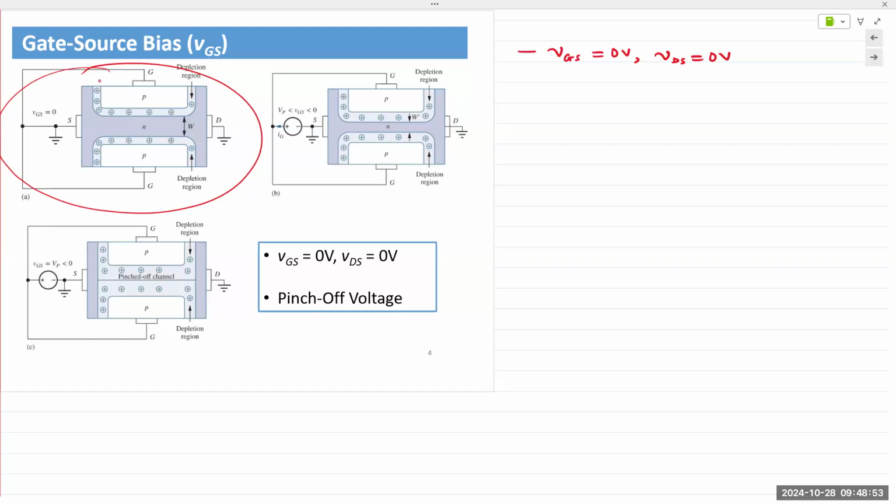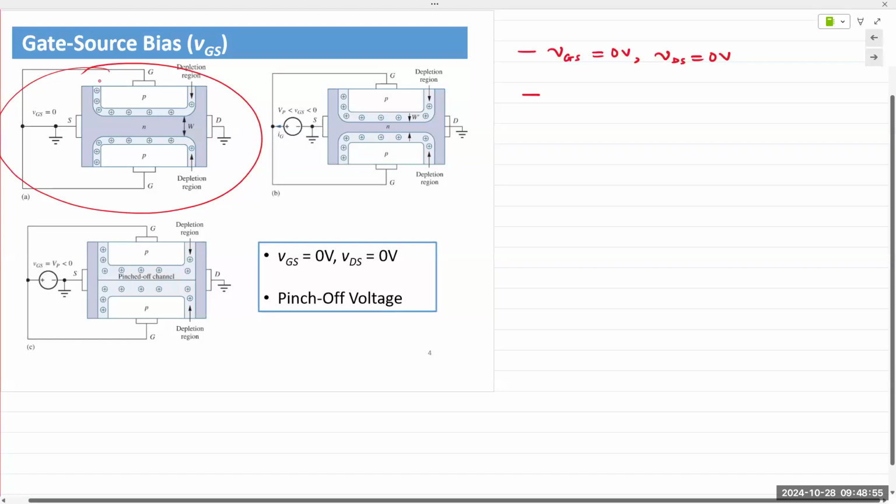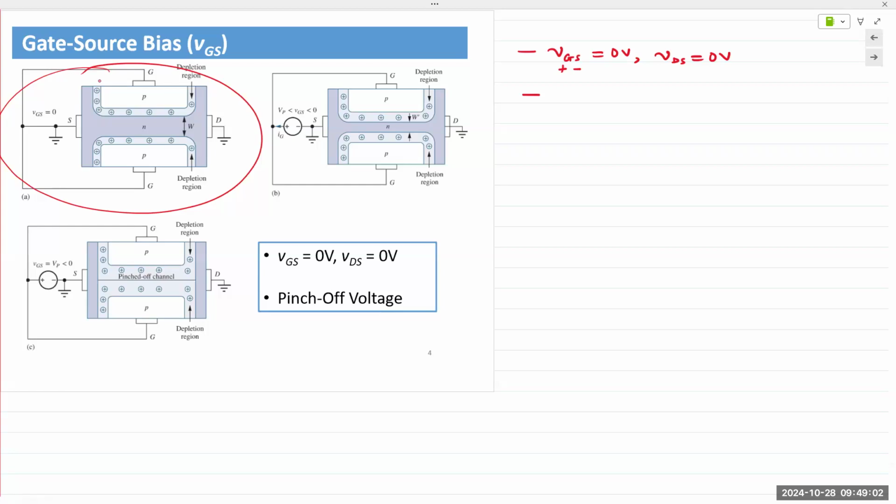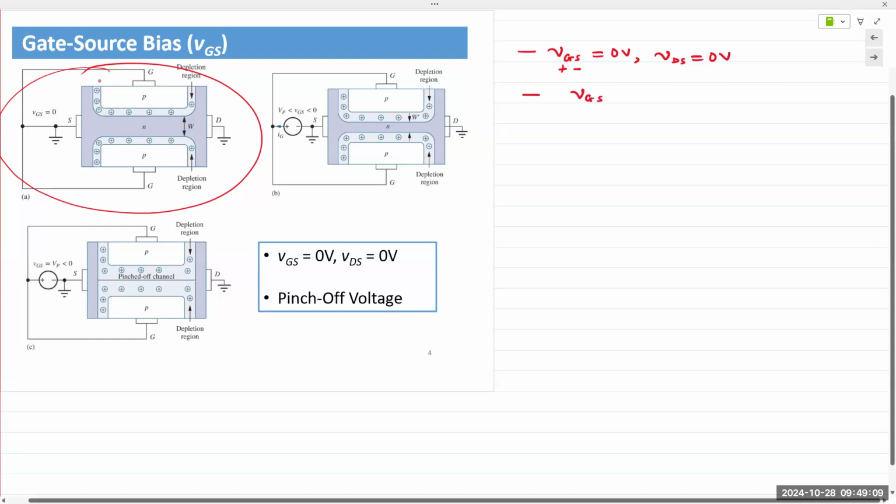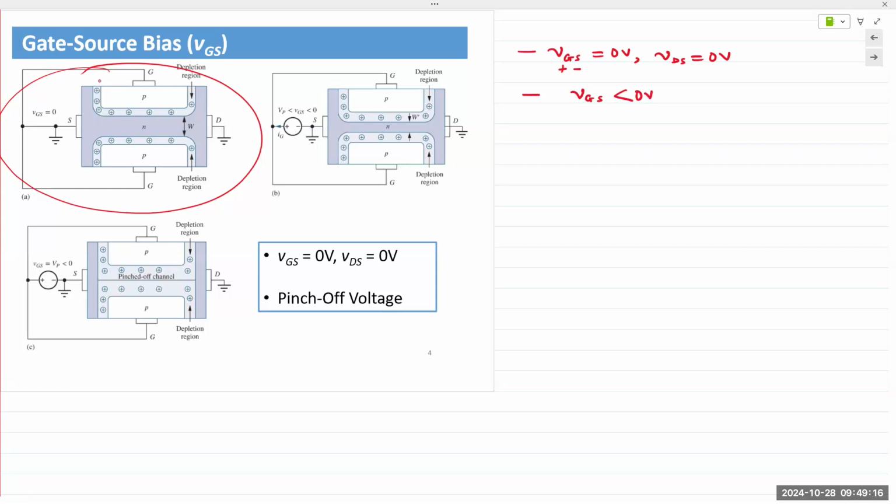Now, VGS means you are measuring with positive reference at the gate and negative at the source. So if VGS goes below 0, meaning you are applying a negative voltage, the gate, which is P-type, is lower than the source, which is N-type.